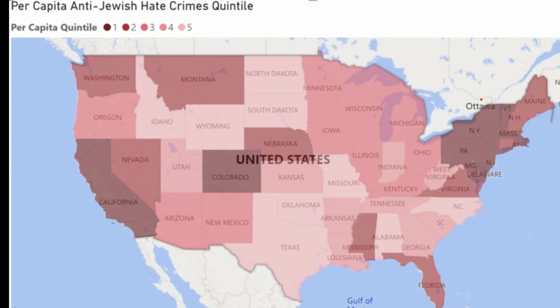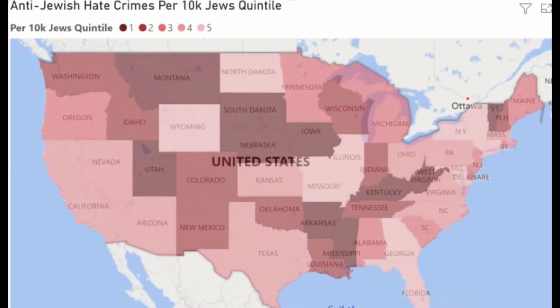Because if you're not Jewish, then you're not going to be subject to an anti-Jewish hate crime. So really, a much better thing to look at would be hate crimes per total Jewish population of a state. Now, the picture looks very different.